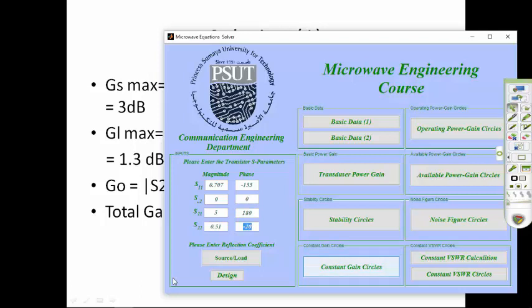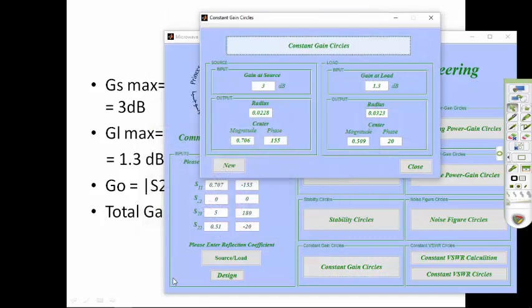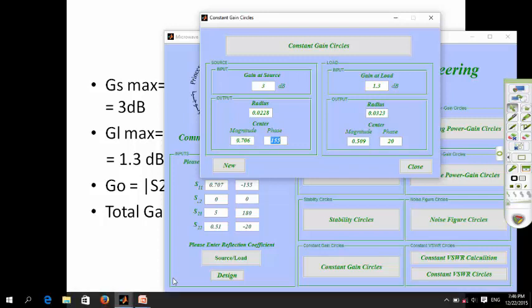So we generate the constant gain circles. We have here 3 dB and 1.3 dB at the load. As we can see, we have a small radius here and a small radius here, so each is a point with 0.7 center and phase 155.